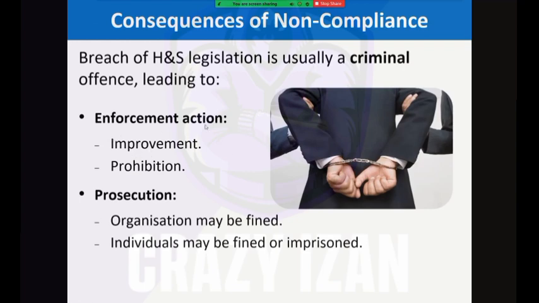Okay. So the enforcement actions might be an improvement notice or a prohibition notice. Okay. So these are legal breaches. So a legal breach may lead to an improvement notice. An improvement notice is issued when the employer or the company is in breach of the law, but there is no serious threat to anybody's life or anything.